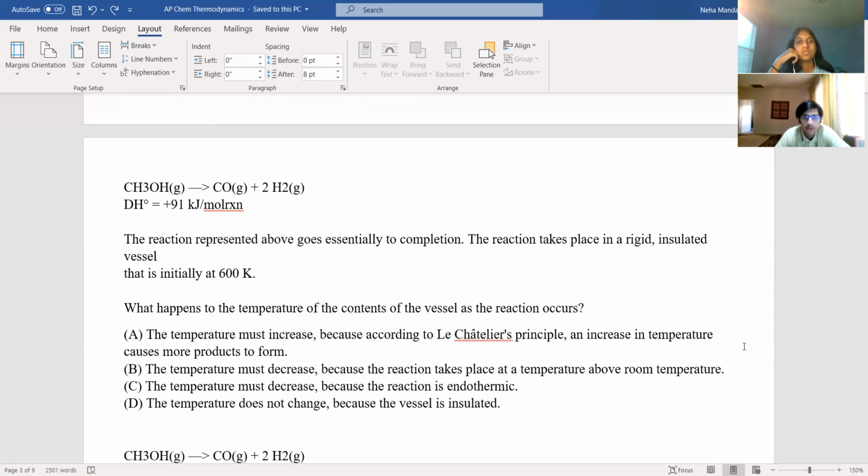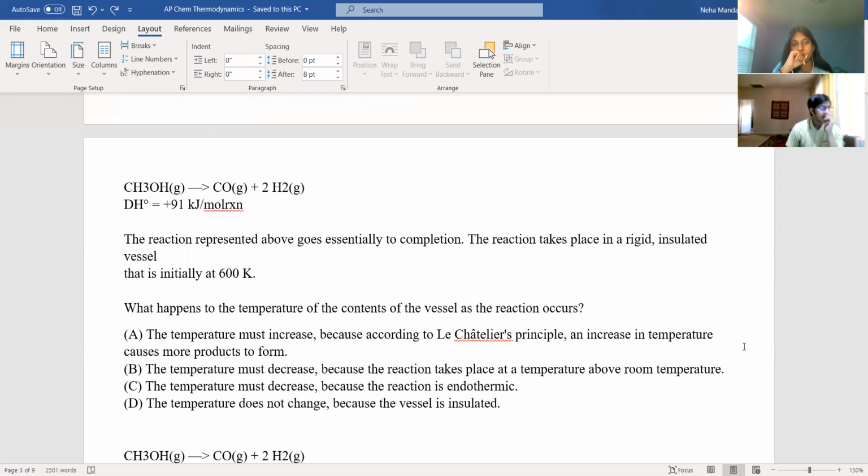Do you remember Le Chatelier's principle? No. Oh my, that's very important. It shows up a lot, and it's really helpful in the FRQs because you can justify why things happen the way they do using Le Chatelier.